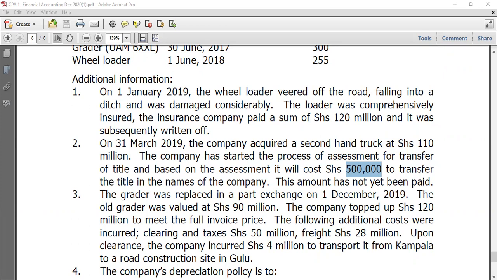Capital expenditures are those expenditures that are incurred in bringing an asset into operation. Of course, transfer of title, all those costs are involved in the purchase of the asset. So they are basically part of the asset, and you're supposed to include it there.